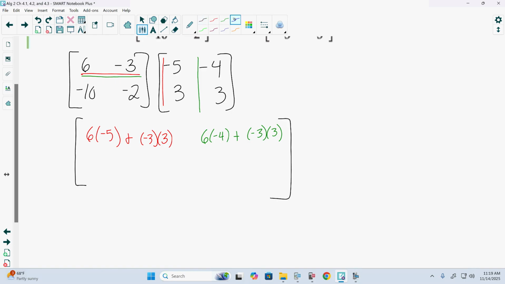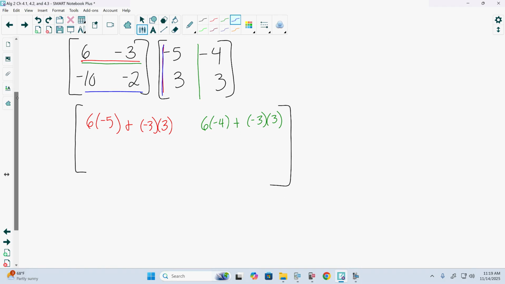So now we move to the second row, first column, which would be negative 10 times negative 5. Then we're going to add to it negative 2 times 3. And that's as far as it goes because we have 2 and 2. Then we're going to do it one more time.